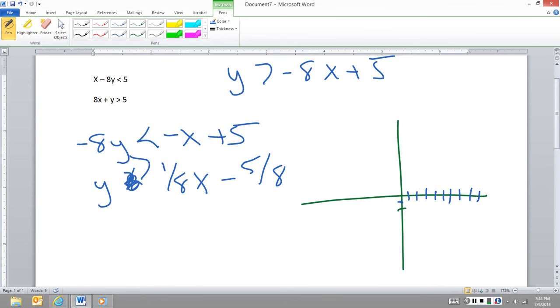Obviously the exact point isn't hugely important. And since this is less than or equal to, I put a solid line. So that's my first one.